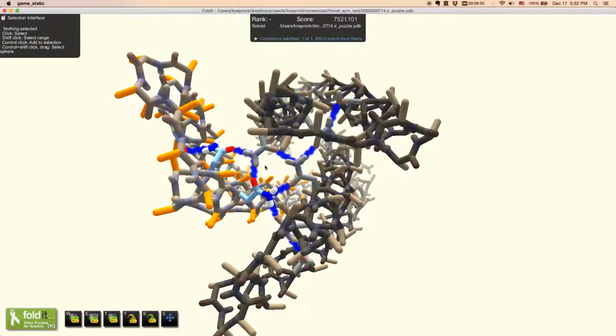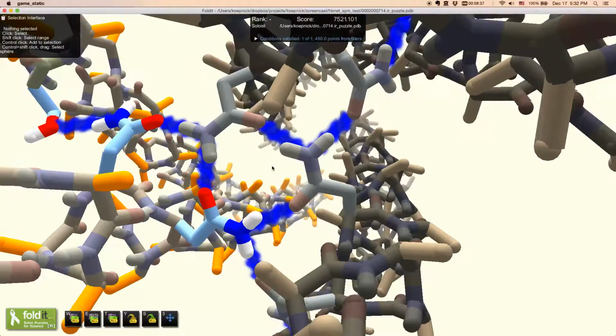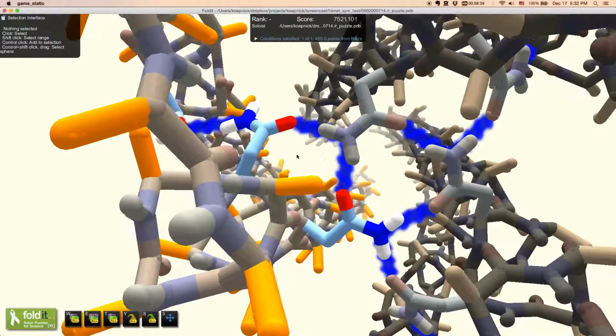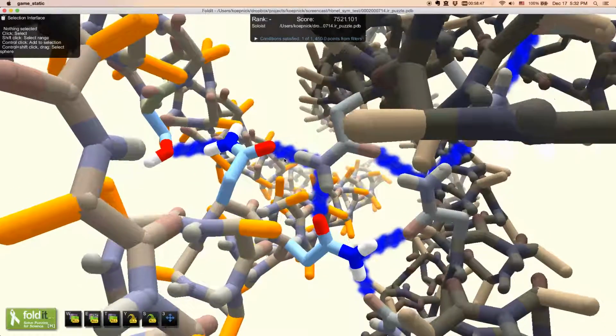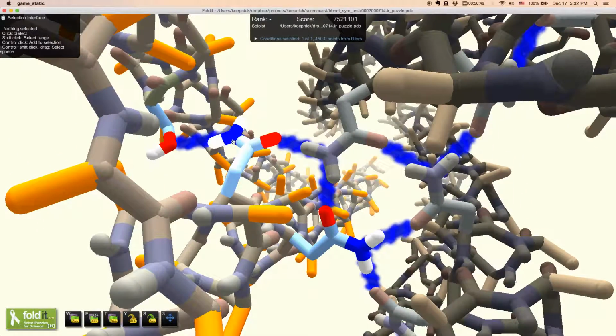Now, if we zoom in a little bit, we can see that these blue atoms have 2 hydrogen atoms bonded to them, which is typical. Nitrogen tends to be bonded to hydrogen atoms, whereas oxygen often has lone pairs.